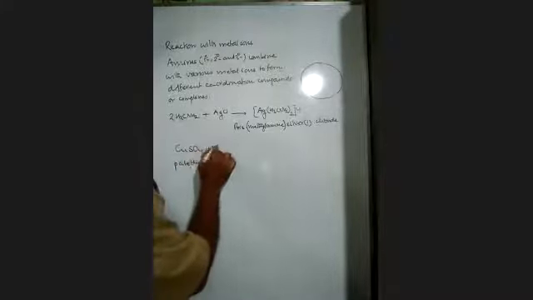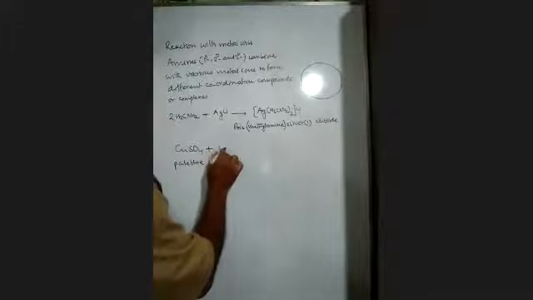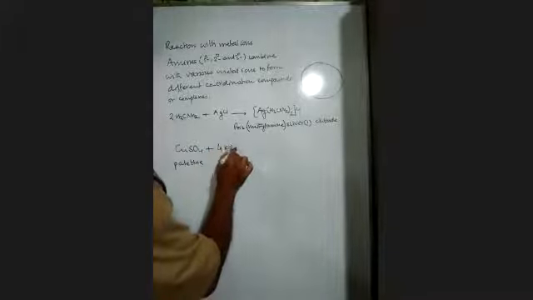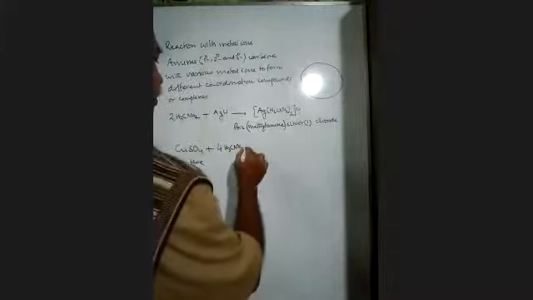Now, suppose I have taken copper sulfate, pale blue, and added excess of methylamine. This is soluble, not like silver chloride.